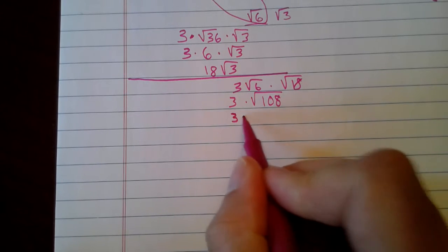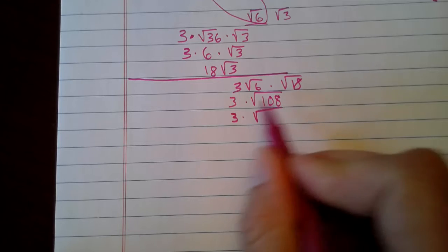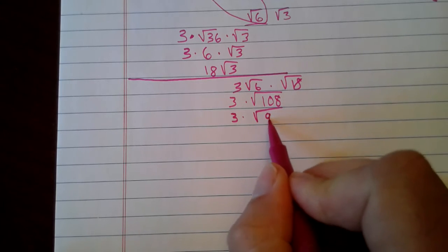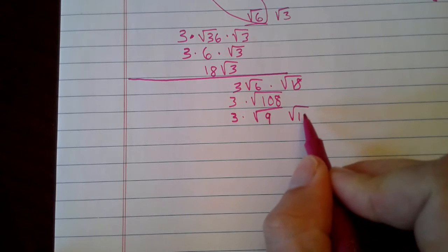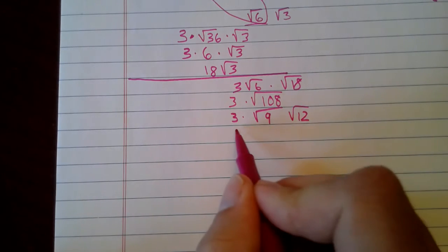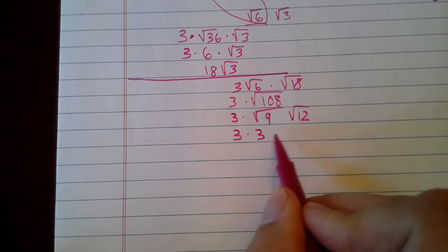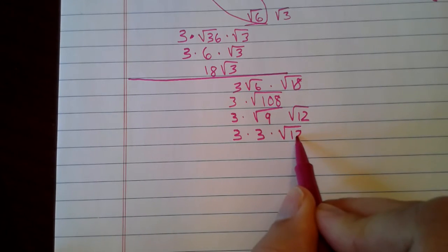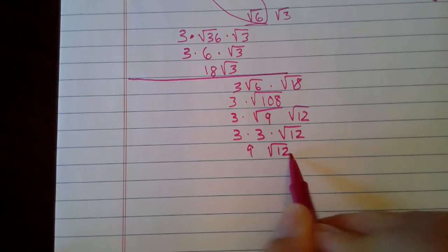I know that 9 does go into 108 because if I add the digits, I get 9. So that gives me 9. And when I divide 108 by 9, I get 12. All right, so now this becomes 3 times root 9 times root 12, or 9 root 12.